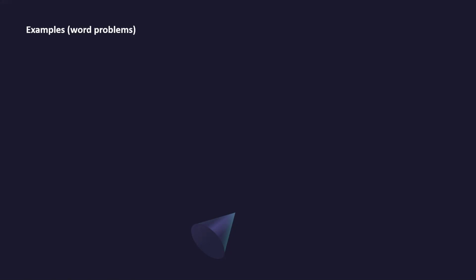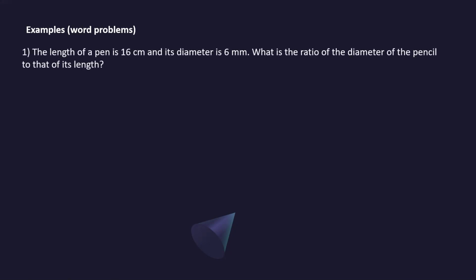In this section, we are going to cover word problems. The length of a pen is 16 centimeter and its diameter is 6 millimeter. What is the ratio of the diameter of the pen to its length? The diameter is 6 millimeter, and the length is 16 centimeter, that is 16 into 10, which gives 160 millimeter. You need to remember something here.